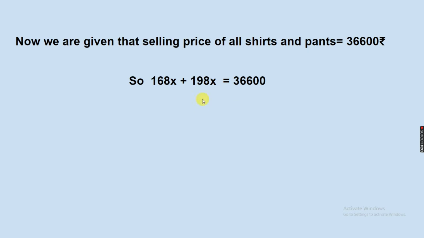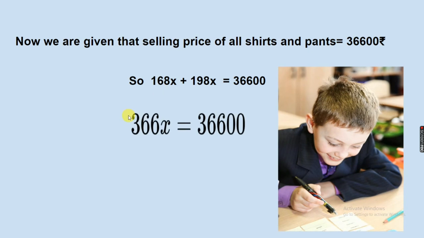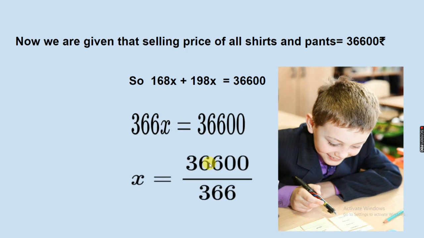Now adding them, we got 366X equal to 36,600. X is equal to 36,600 divided by 366. Solving it, we got X is equal to 100.